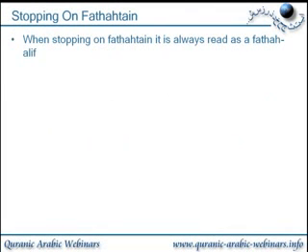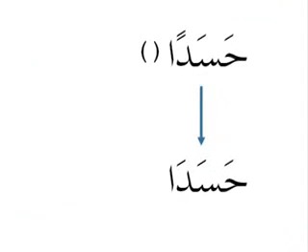Okay, now stopping on fathatain. When stopping on fathatain, it is always read as a fatha alif. So what do we mean by this? Here we have a word hasadan.